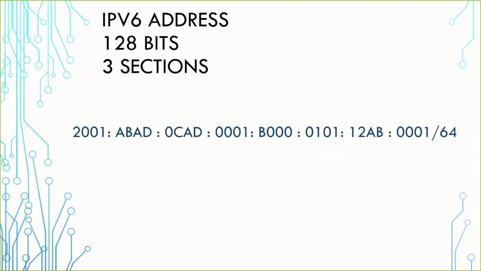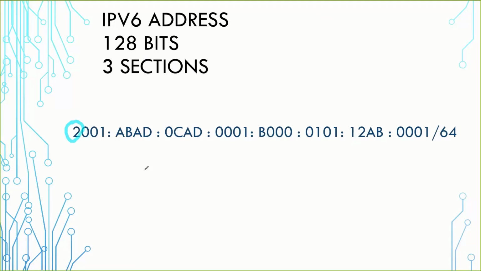So if you remember, an IPv6 address has 128 bits in it. We delineate everything with hexadecimal, right? So each one of these values is how many bits? How many bits is each nibble?